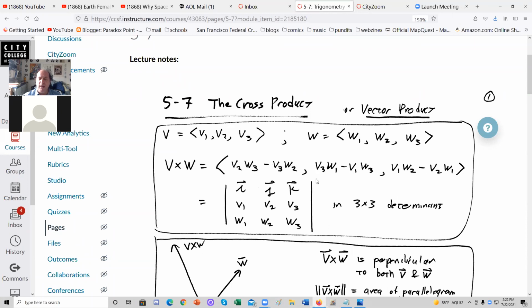It's written as a 3 by 3 determinant. And no, we didn't cover determinants in this course, but this is how it works out. You'll have to consult other linear algebra texts and courses to get the definition of a 3 by 3 determinant. And it works out to this, as difficult as this is to work out.